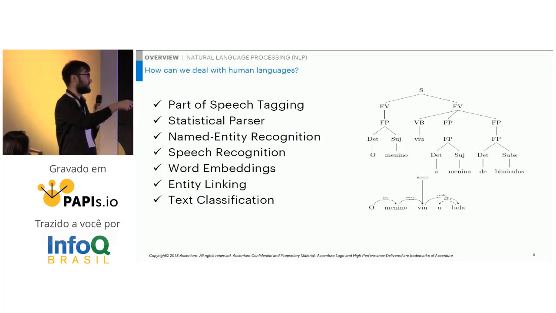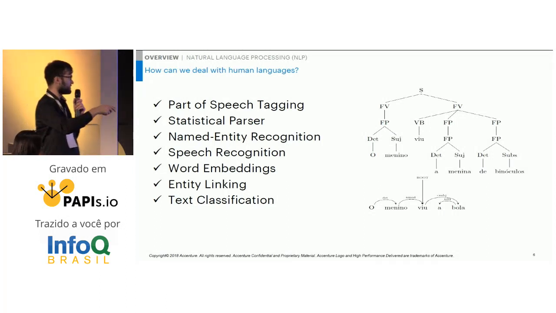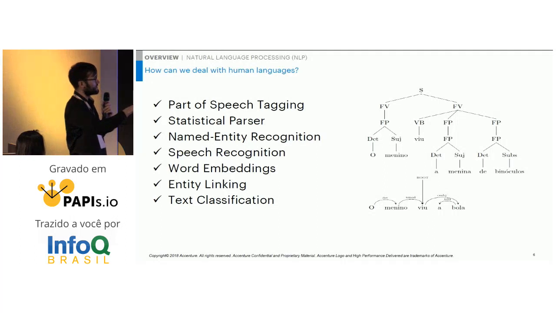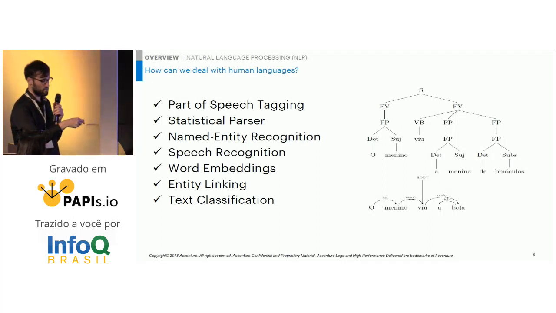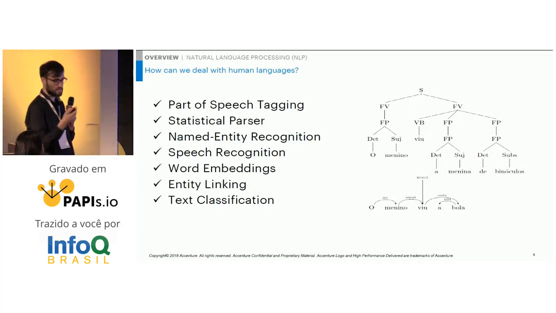So if this word is a verb, it's a subject, and so on. The output of your model will be something like that, okay? So why is parts of speech tagging important? To extract relevant features, deep linguistic features from texts and everything.